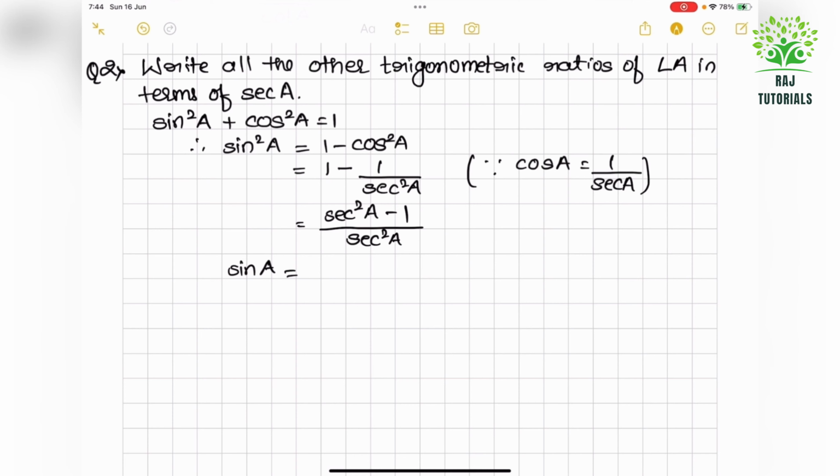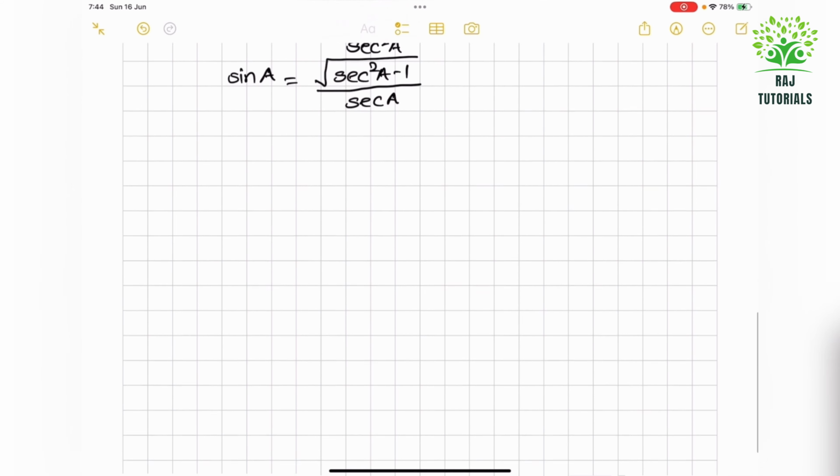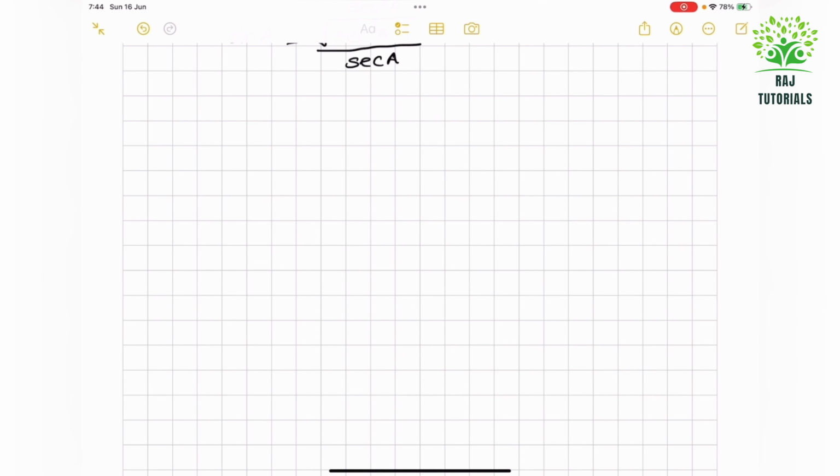So I got the first one, but see, still it is in sine square and they have asked me sine A. So sine A will be root of sec square A minus 1 upon root of sec square A. So if I take out root, it will be sec A. Now same way cos A I will get directly. Cos A will be 1 upon sec A.